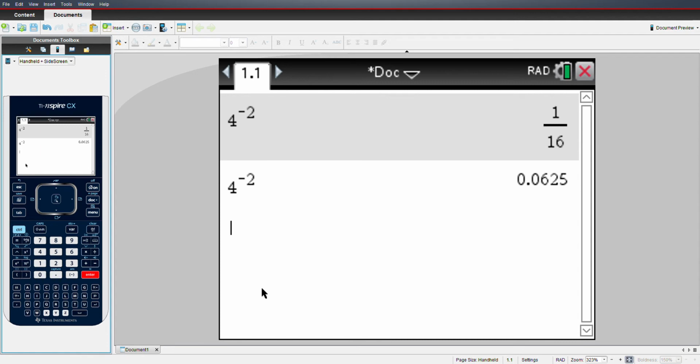I wanted to show you the other way that you can get the decimal. And that is by doing the same thing again. The next one is 4 to the power of -1. So -1. Before I even press enter, let me do control and then enter.